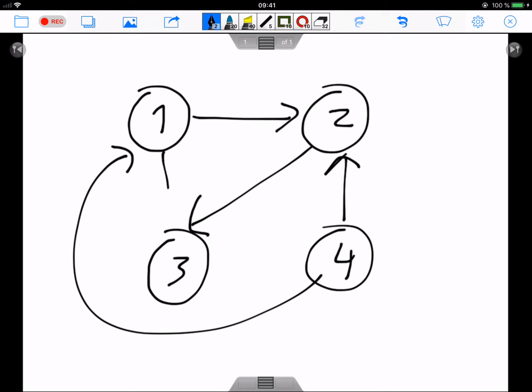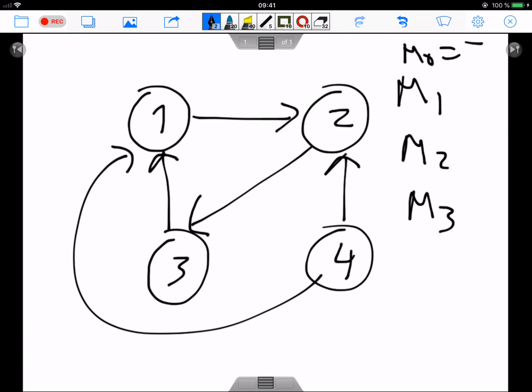Okay, I want you to compute the adjacency matrix M1 or M, and then M2, M3, of course M0 is the identity matrix, and then I want you to compute the addition of all these matrices to get the reachability matrix. Okay, and I will give you the solution in a future video.